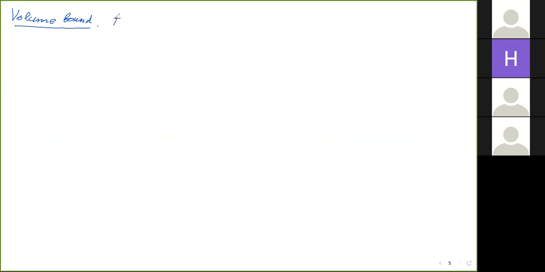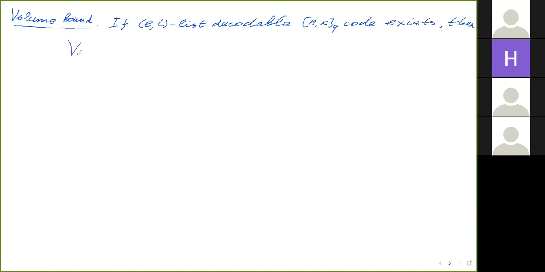It states that if an (E, L) list decodable (N, K) Q-ary code exists, then the volume of the ball of radius E times the number of codewords Q to the K is at most L times Q to the N.